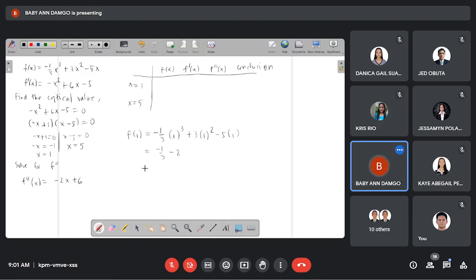Okay, so this is equal to 3 minus 1. So this is minus 6. So we have negative 7 over 3. So this is approximately equal to negative 2.33.